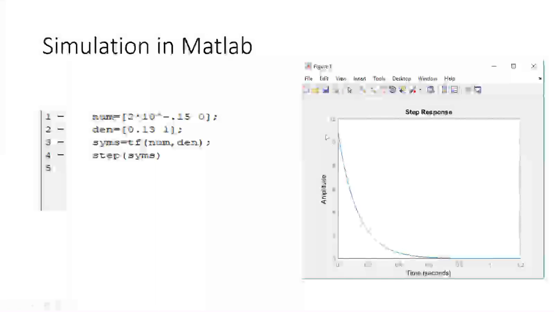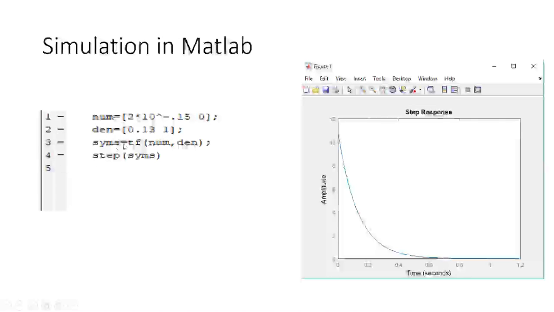Next, which is related to simulation in MATLAB. Here is num. Actually num is the numerator, which is equal to [2 x 10^-0.15 0]. So this is our numerator, then the denominator, which has this value here.